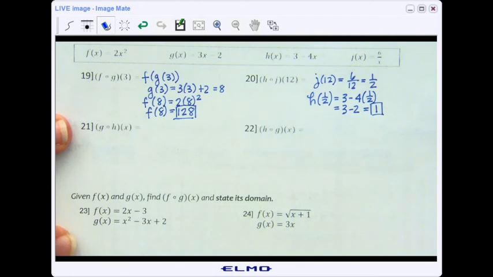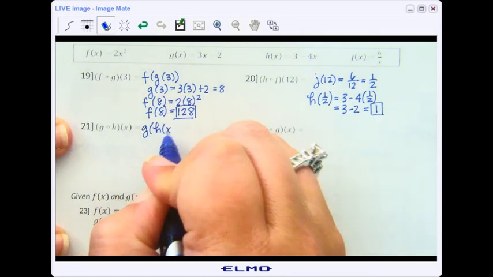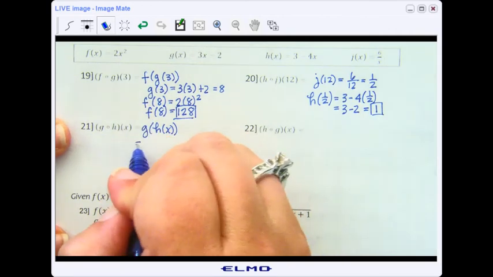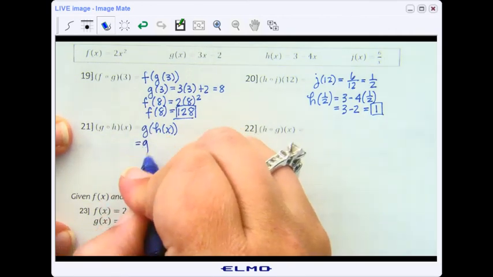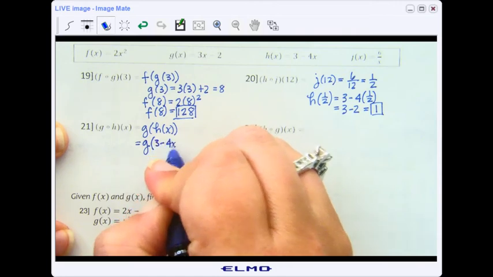In number 21, we're finding g of h of x. So I'm going to take h of x and substitute it into g of x for x. So this is g of 3 minus 4x.